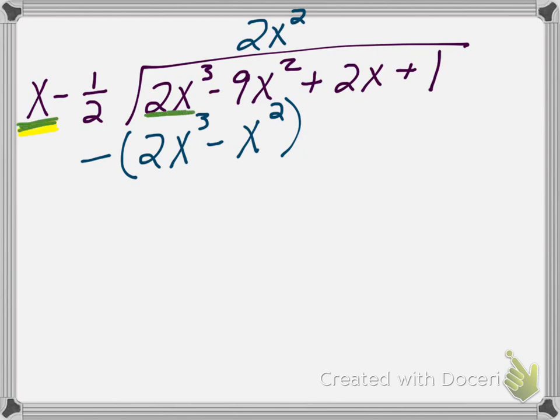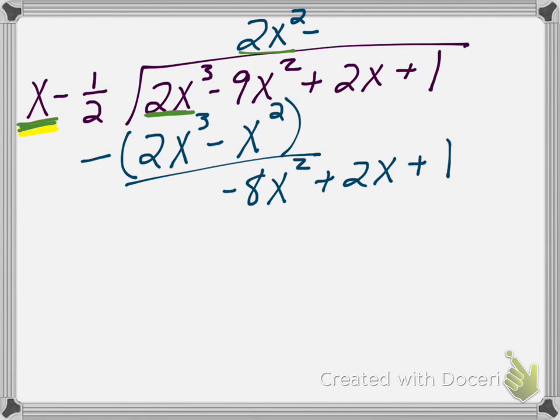What do we multiply x by to get 2x cubed? That would be 2x squared. Then we take 2x squared times x minus 1/2. We end up with 2x cubed minus x squared. Subtracting that line from the line above, we get -8x squared plus 2x plus 1.